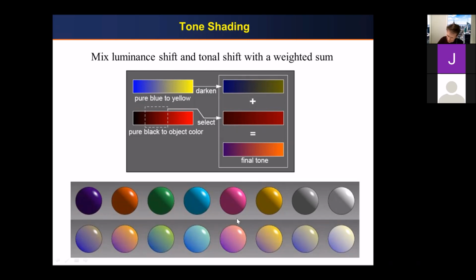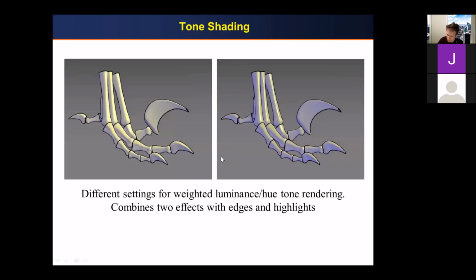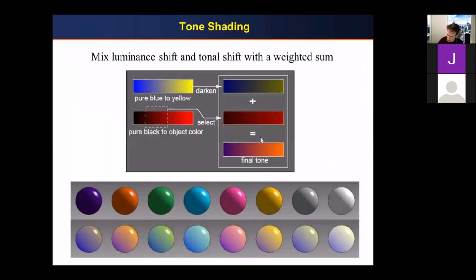And then you can just map them together and create these interesting effects. You can weigh them together, a little bit of tone shading and a little bit of regular shading. You can mix them together so it's not as extreme as here, so you can make it very subtle.